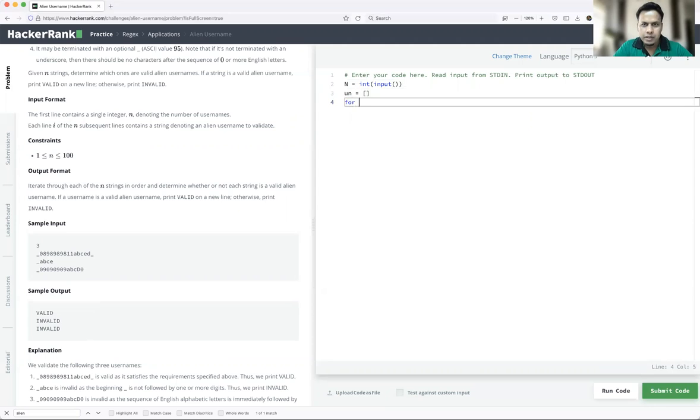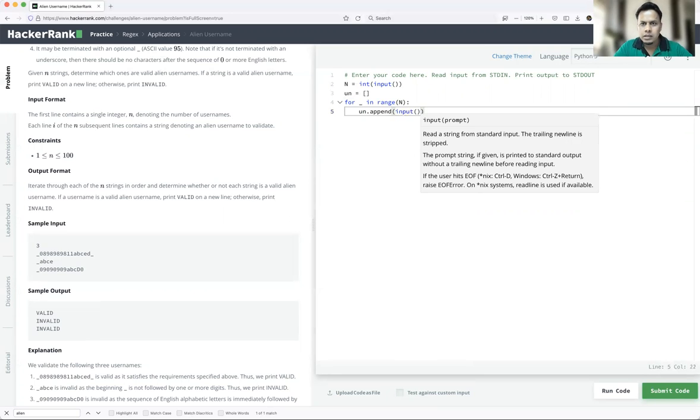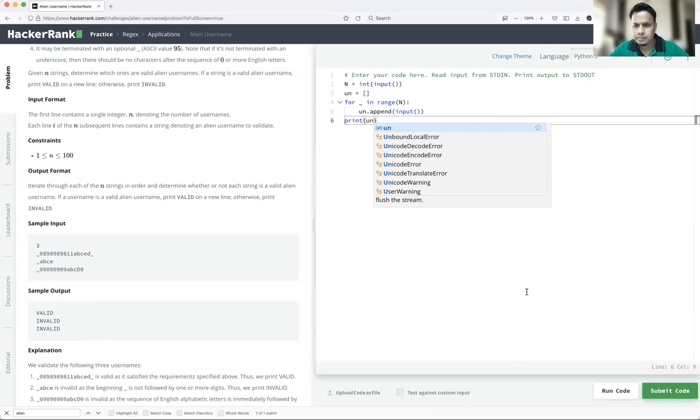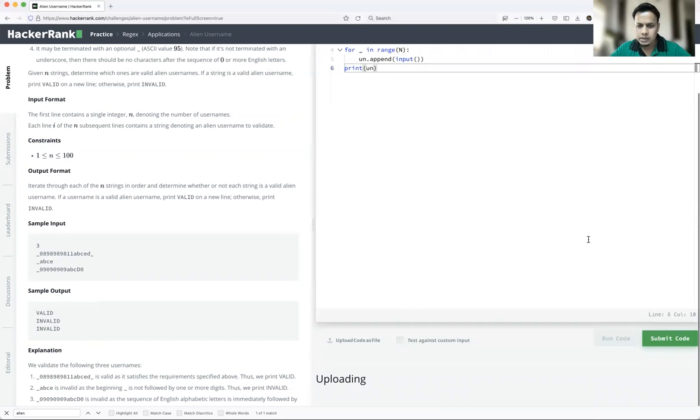Now iterate over that number of inputs, that is n, in range n, and un.append, I'll keep appending that username because n number they have given. There could be 5 or 10, or maybe up to 100. So get the username and keep appending to the list of usernames. Okay, so let's see whether it is printing or not. Un.